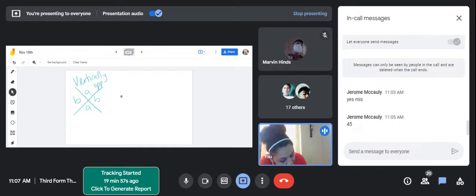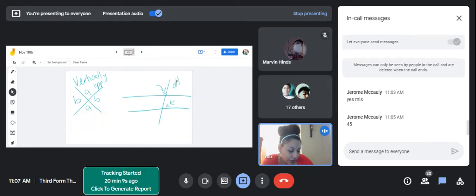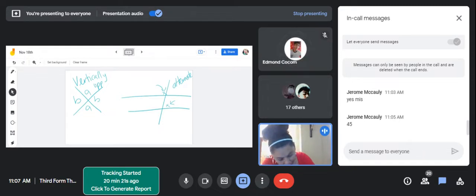When you have something like this and they give you the angle over here and the angle over here, this is what we call alternate.